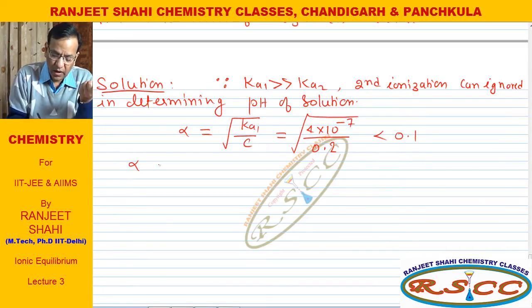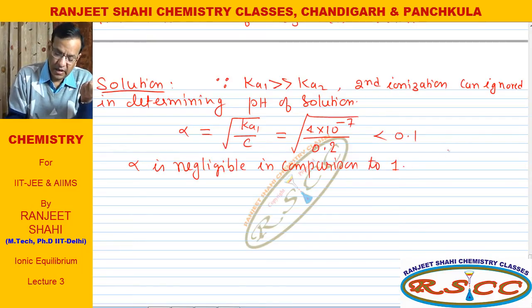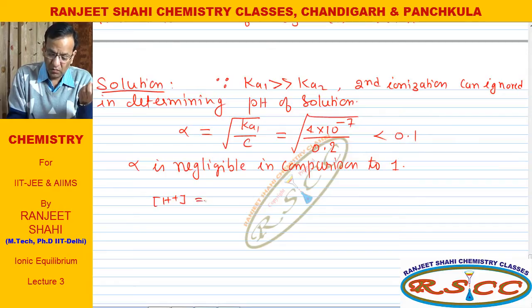So, alpha is negligible in comparison to 1. In that case, like we did in monobasic acid, the concentration of hydrogen ion will be equal to root under K1 into C.